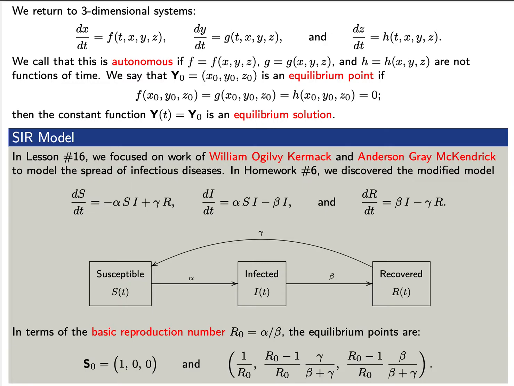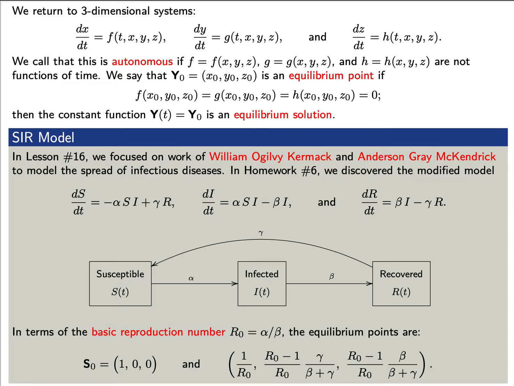Here, alpha, beta, and gamma are constants, whereas S denotes the percentage of a population that is susceptible to a disease. I denotes the percentage of the population that is currently infected by the disease. And R denotes the percentage of the population that once had the disease but is now recovered from it.